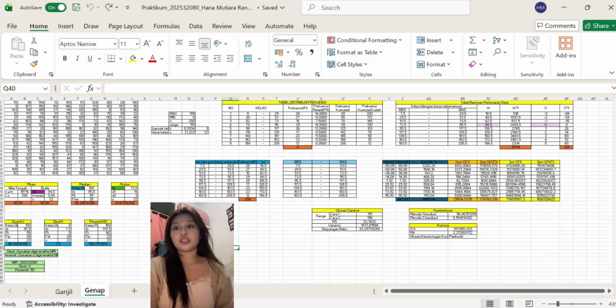The subsequent classes flow continuously up to the 9th class, which spans from 184 to 205 with a frequency of 12. If we sum up all frequencies across these 9 classes, it perfectly equals our total sample size of 200 data points.